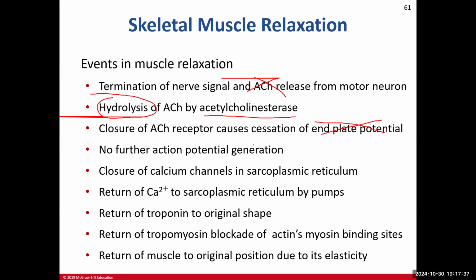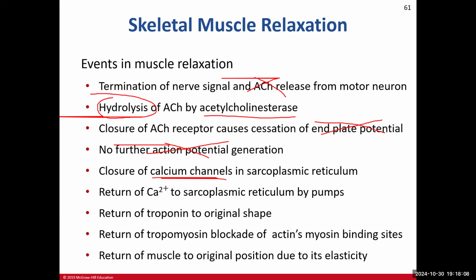If we don't have an end plate potential, we're not going to have a muscle action potential being generated along the sarcolemma. And if we don't have that going on, that means we won't be able to open up. We will, in fact, close our voltage-sensitive calcium channels, and we'll close our calcium release channels on the sarcoplasmic reticulum terminal cisterna.